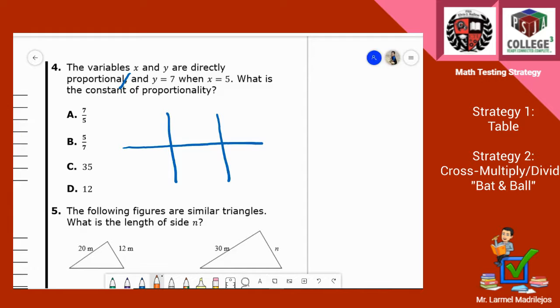The first letter is x, I'm going to put that on the top, and the second letter is y, I'll put that on the bottom. When y is 7, x is 5. What is the constant of proportionality? We're talking about the k. Constant of proportionality. A, B, C, or D? It's letter D.